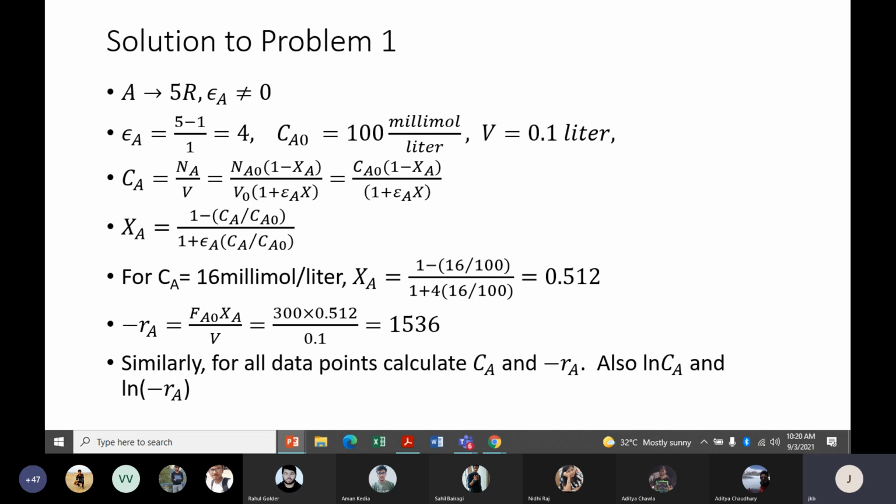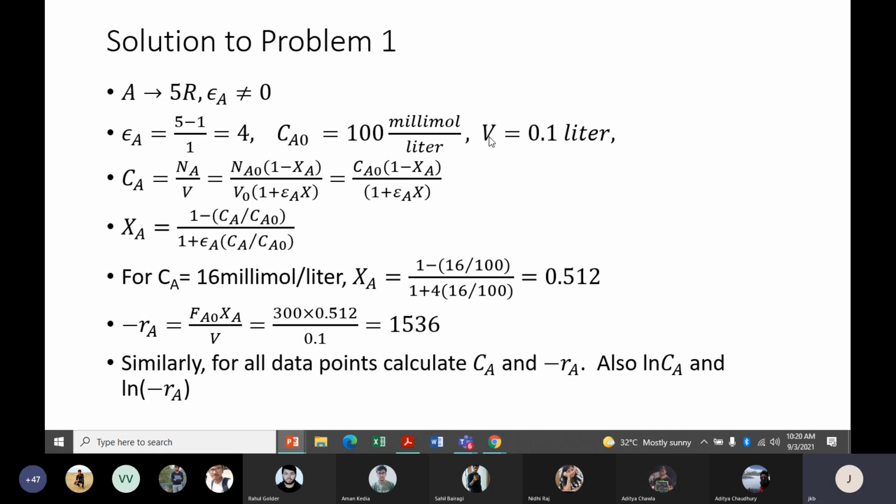I'll go to the solution of this problem. Here we are assuming, I told you we can assume epsilon is equal to 0 or epsilon not equal to 0. But if epsilon is equal to some value, 4 in this case, then in the denominator we cannot neglect epsilon, and we write the concentration as the ratio, the expression for constant volume system divided by the factor 1 plus epsilon XA.